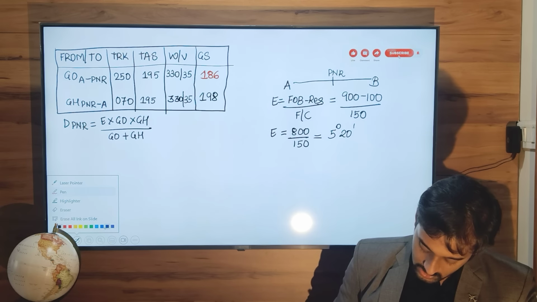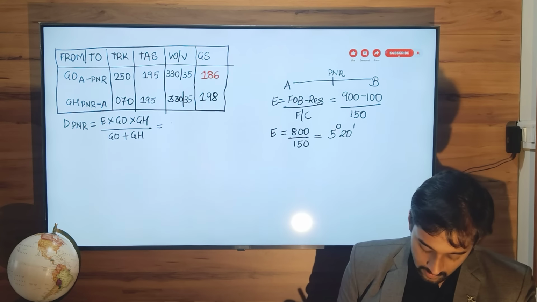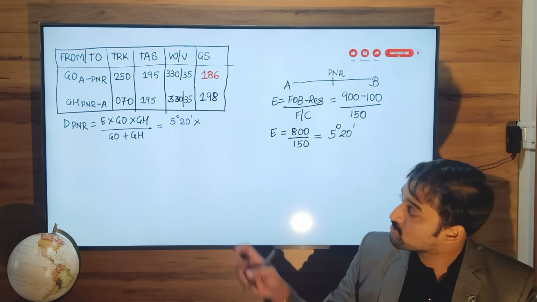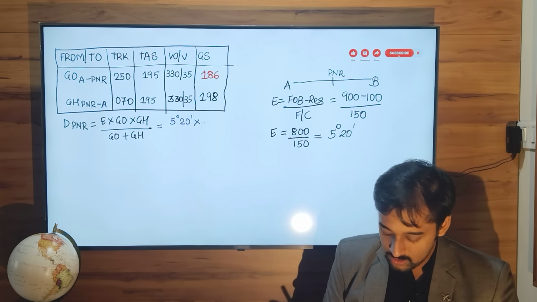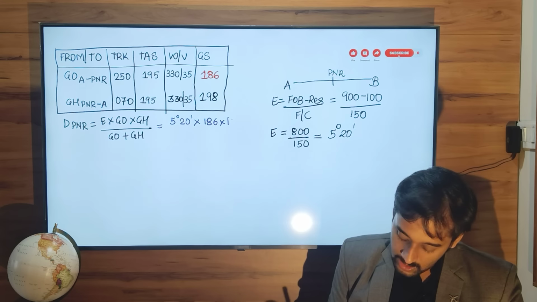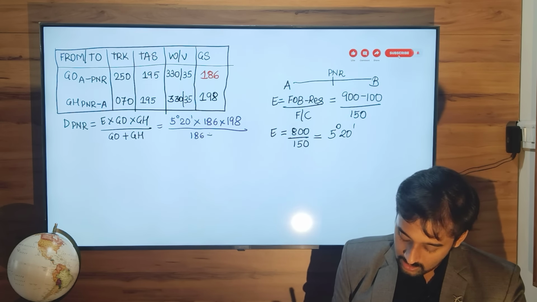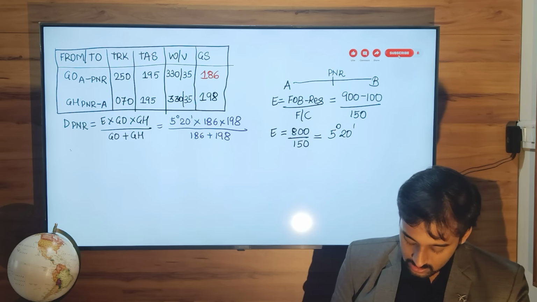So put those values. 5 hours 20 minutes into outbound ground speed is 186, into 198, divided by 186 plus 198.